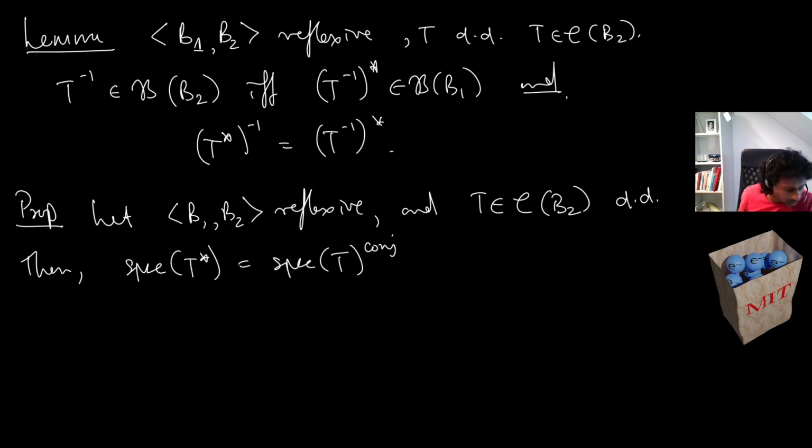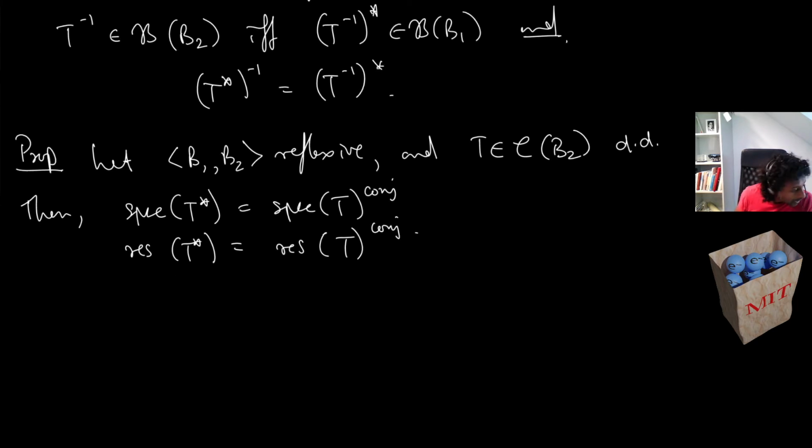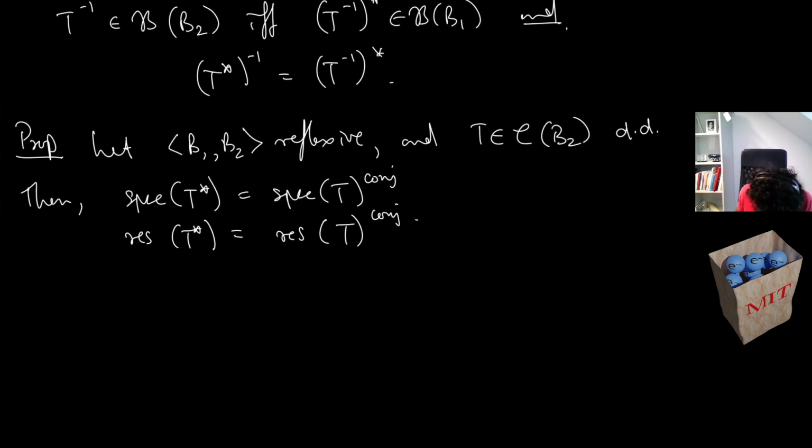This is the complex conjugate. I don't know what the best notation is, but for sets, I'm just going to write this. The resolvent set of T star is equal to the resolvent set of T complex conjugated. Okay, and that's the statement.